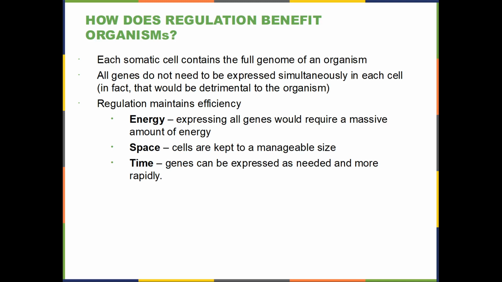You have eye cells, brain cells, skin cells, heart cells, all doing very different things. They're able to do different things because different genes are turned on in those cells. All right? We don't need them all. And the way these genes are turned on and turned off, we call that regulation.